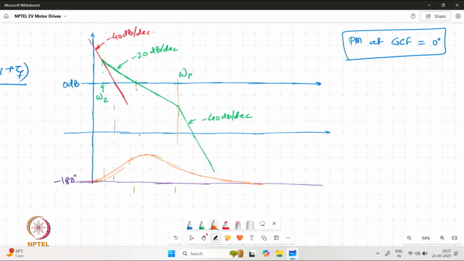However, at the point of zero crossing, we are going to have some positive phase margin, and that is where our system is going to become stable.